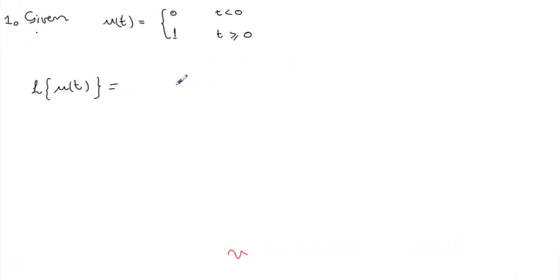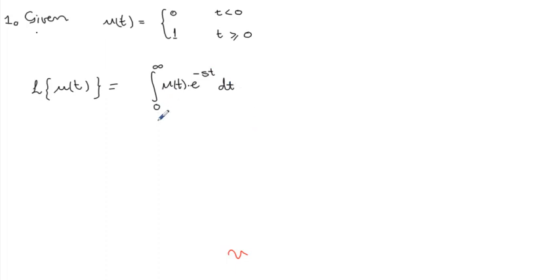Here is the unit step function, u(t), which is 0 when t is less than 0, and 1 all the way from t equal to 0 onwards. And of course, according to our definition of the Laplace transform, the Laplace transform of this is the integral from 0 to infinity of the function u(t) multiplied by e to the power minus st dt.